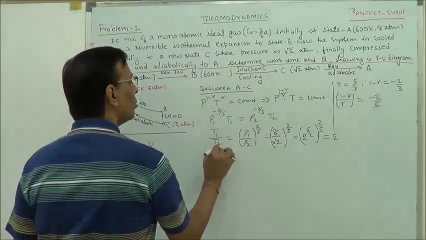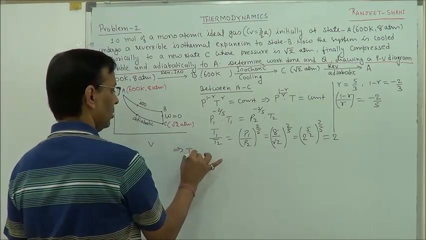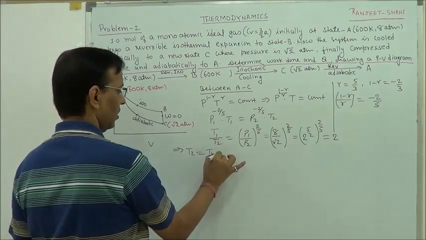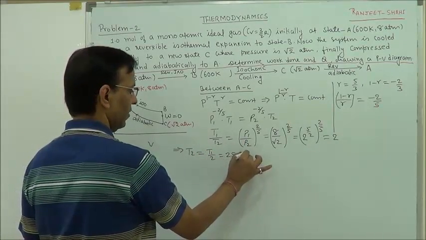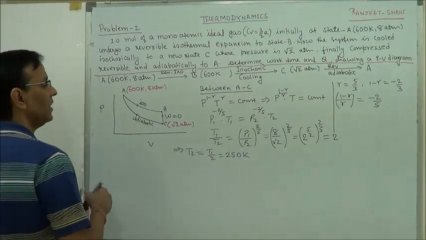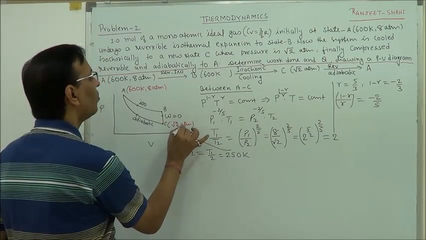So T2 will be T1 divided by 2, it is 250 Kelvin. So now temperature is known at C, it is 250 Kelvin.